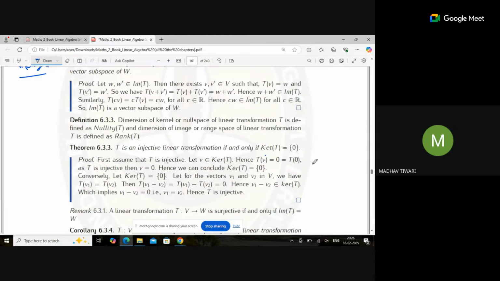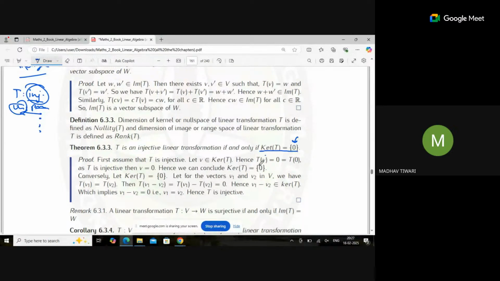T being injective means all the points inside the range space have only a unique pre-image. It can't have multiple pre-images. So how can we prove that the kernel of T is only the 0 vector?